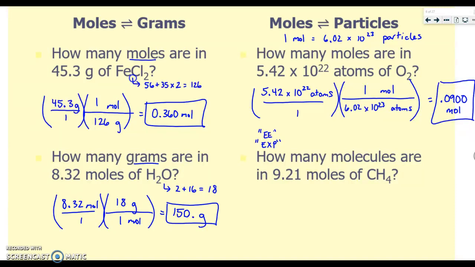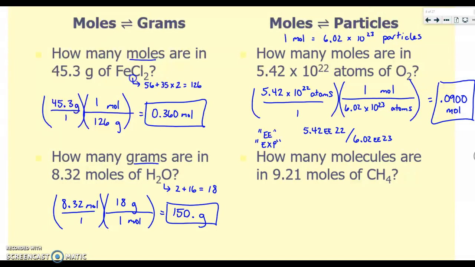What you would do to use that button is you would hit 5.42, you'd hit the EE button, and then 22. Then you would divide by 6.02 EE23. You'll notice that in this format, I didn't need to use parentheses. But whatever works for you to lead to the correct answer.